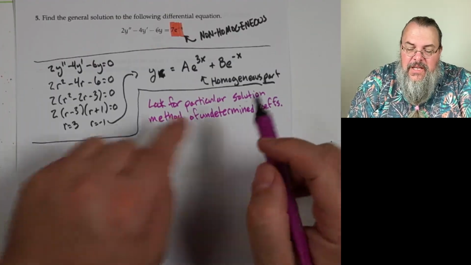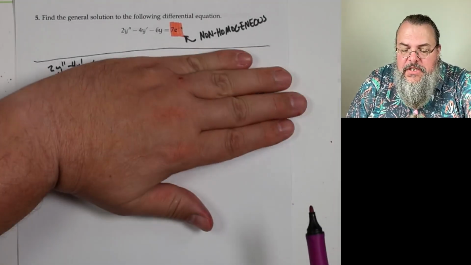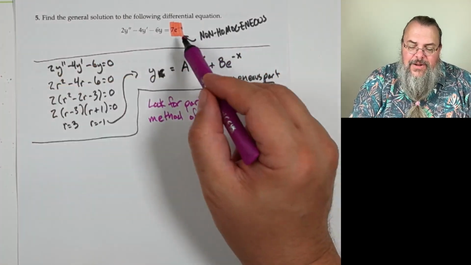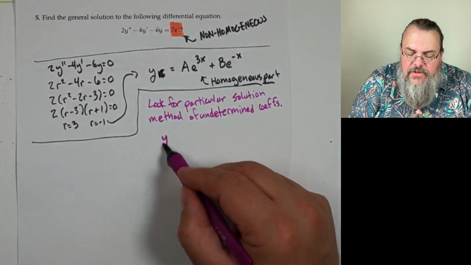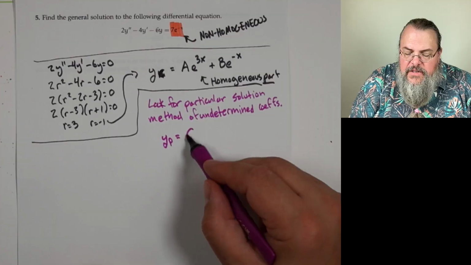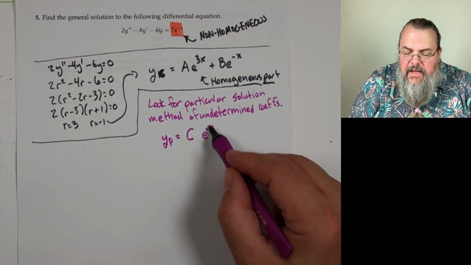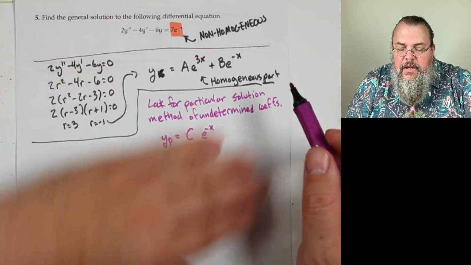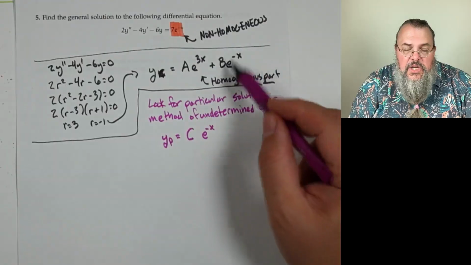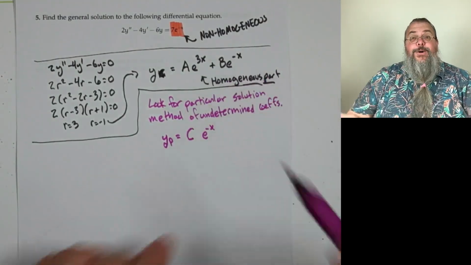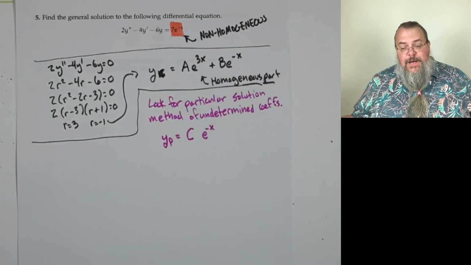If we didn't see the homogeneous part, we'd say, you see that e to the minus x? That should say our particular solution should have some constant c and an e to the minus x. Now that's if that's all we see. But we check to see if there's overlap, and uh-oh, overlap. What do you do if there's overlap?